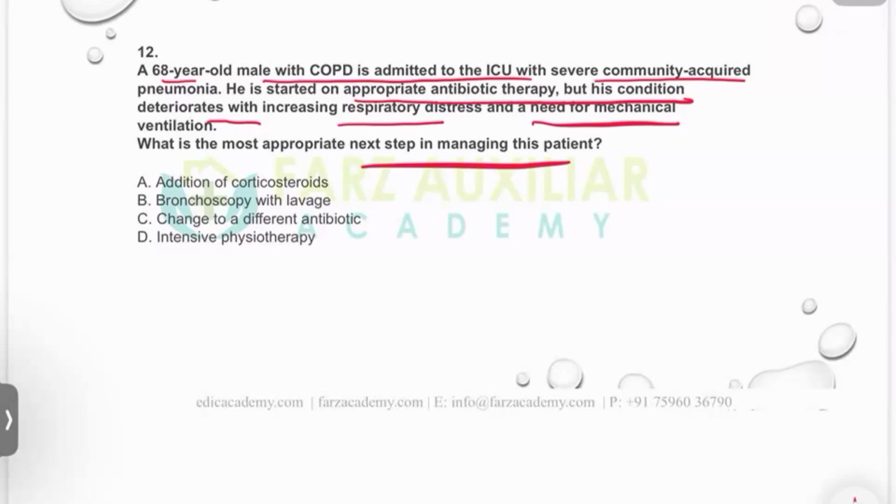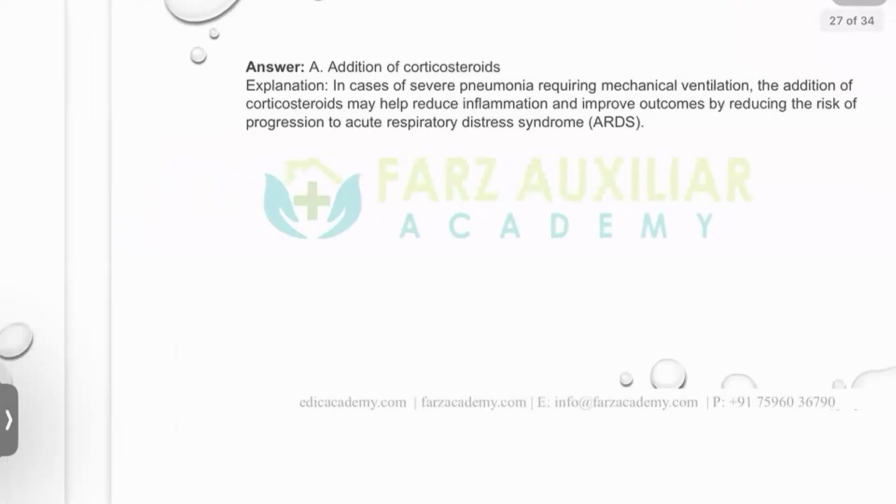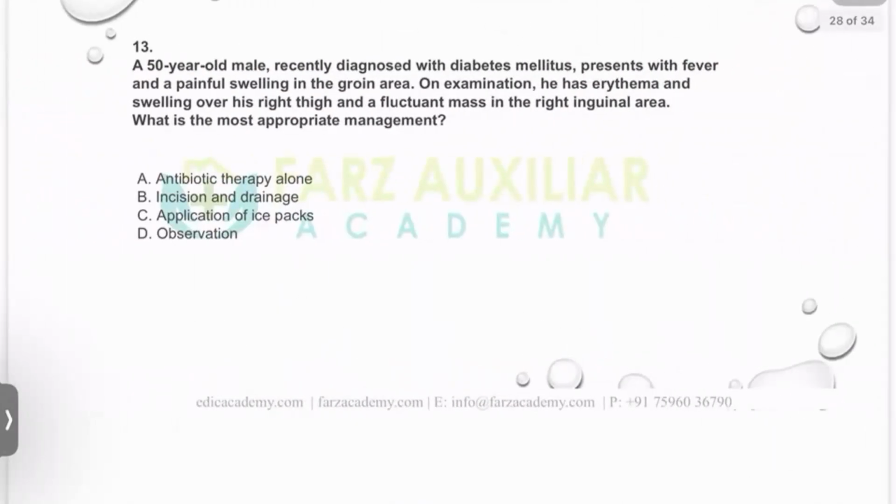No benefit of changing antibiotics because bacteria will not be found now, even if you do a lavage. You need to cut down on the inflammation. This patient is going into ARDS. So the answer is addition of steroids. In severe pneumonia requiring ventilation, steroids may help reduce inflammation and improve outcomes.